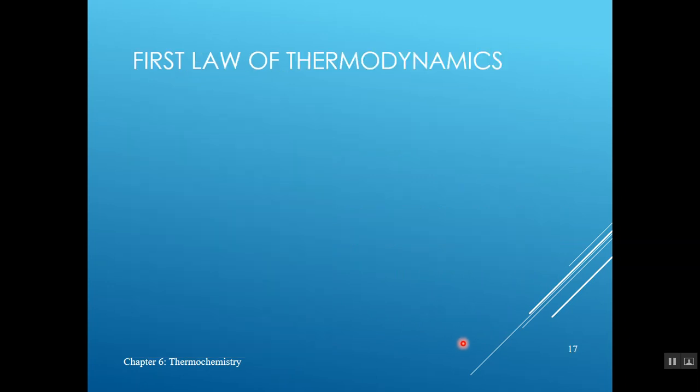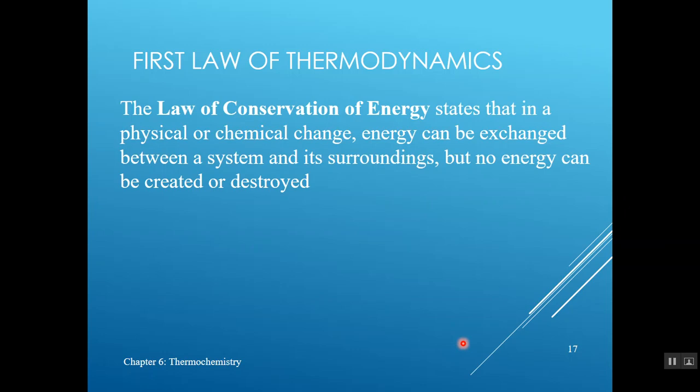All right? Okay, so let's now talk about the first law of thermodynamics, which says that in any physical or chemical change, energy can be exchanged between a system and its surroundings, but no energy can be created or destroyed.